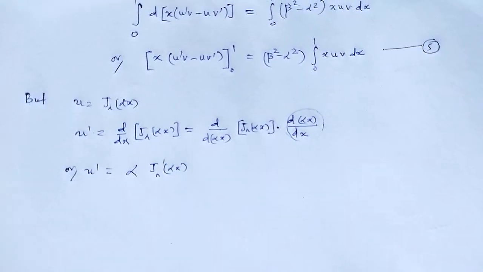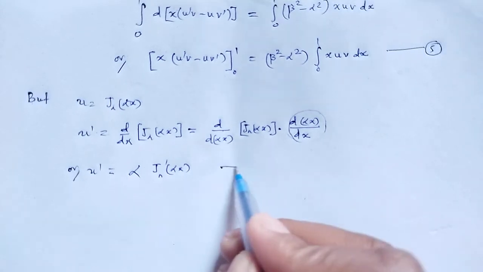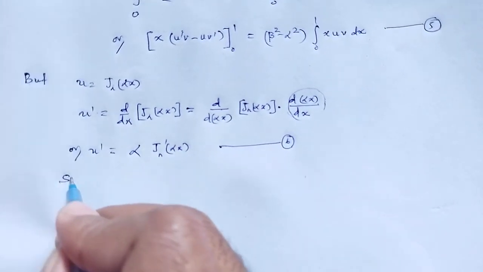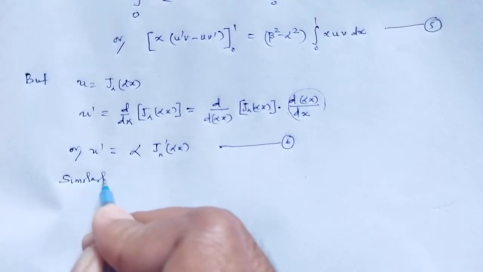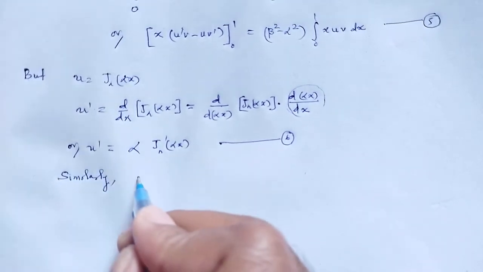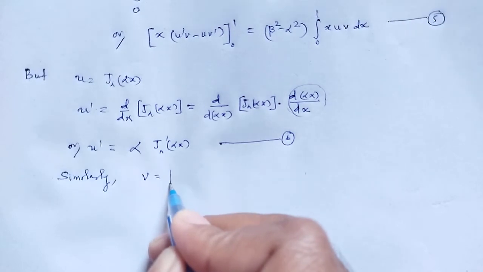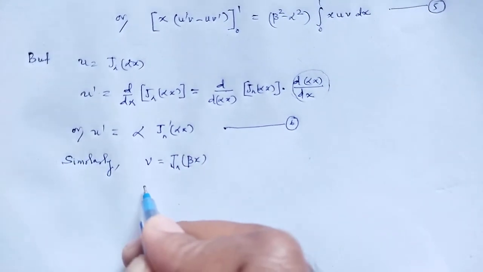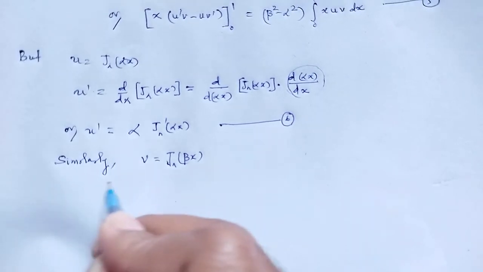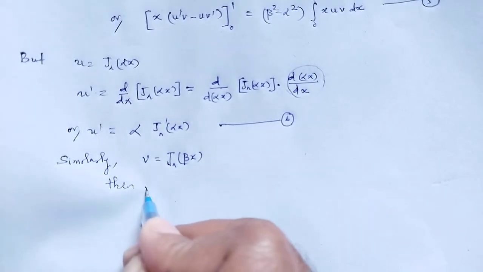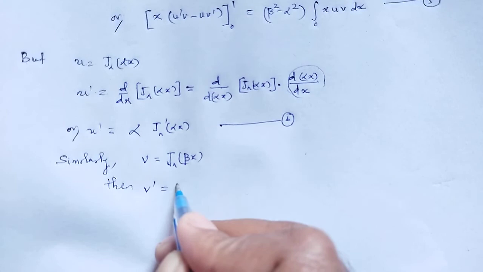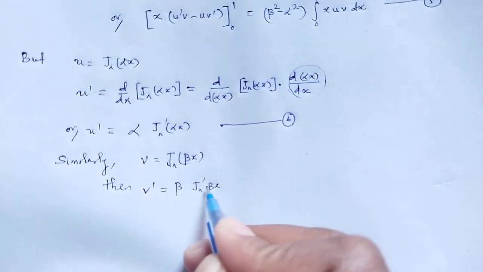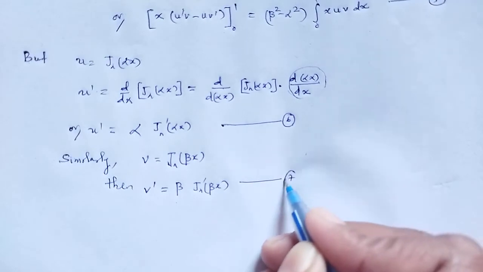That is equation number 6. Similarly, for v we substitute Jn of beta x. Then we can say v dash is equal to beta Jn dash of beta x, that is equation number 7.